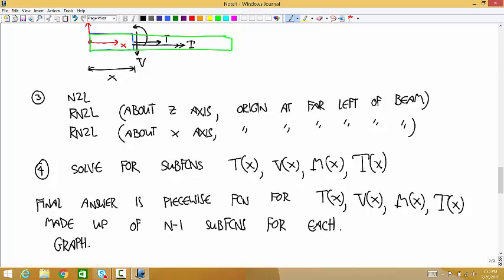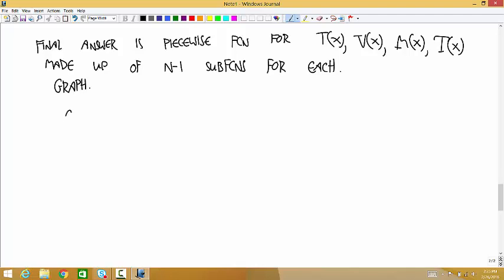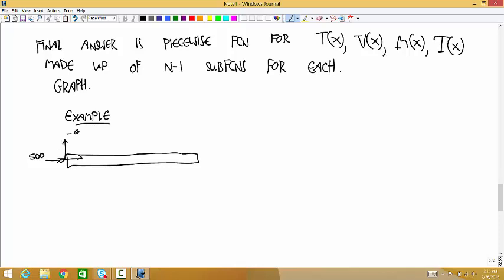So let's go through this example. We have a torque of 500 on the left, a force vector of negative 866, negative 500.